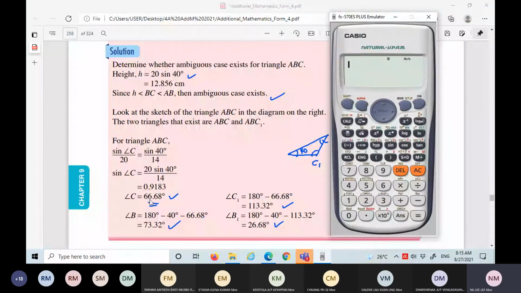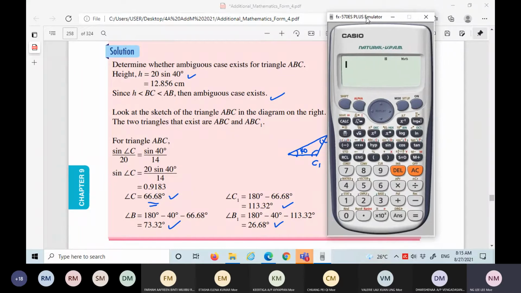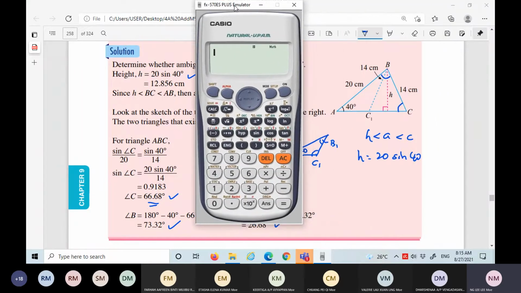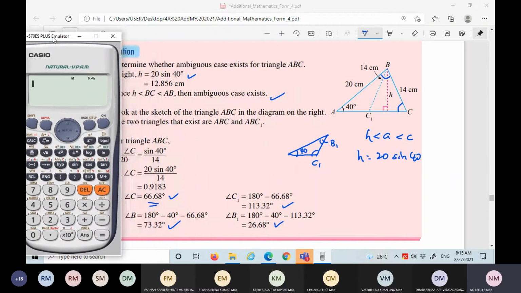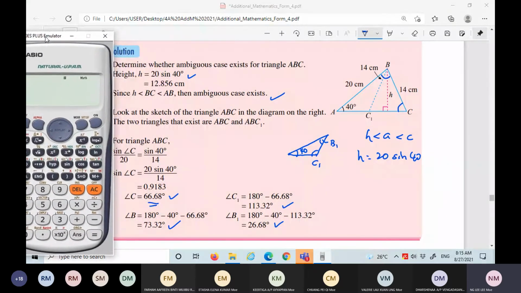For this, the angle C, how we get it is by using shift sine of 0.91883, then we get this angle.